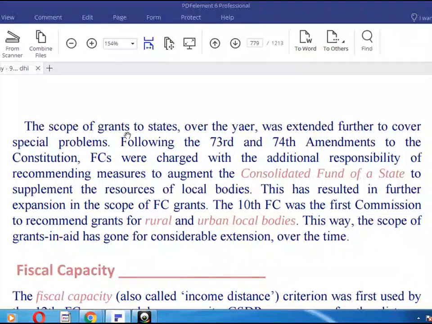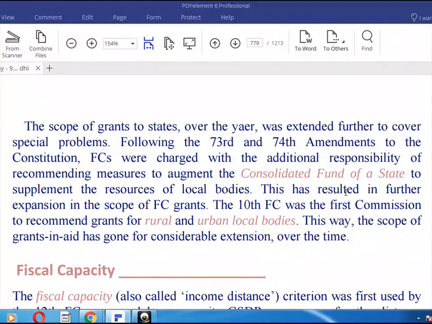The scope of the grants over the years was extended further to cover special problems. Following the 73rd and 74th amendments of the Constitution, Finance Commissions were charged with the additional responsibility of recommending measures to augment the consolidated fund of a state to supplement the resources of local bodies.